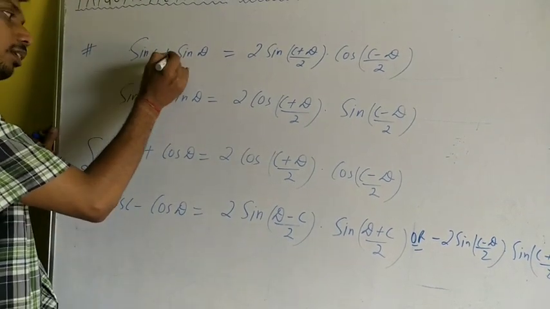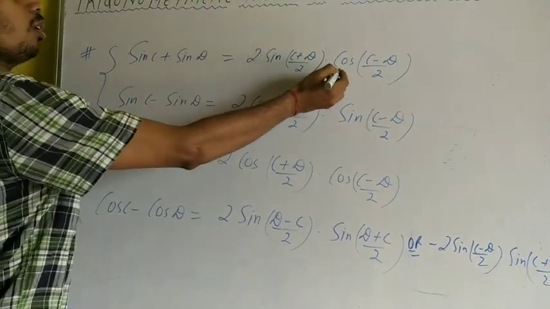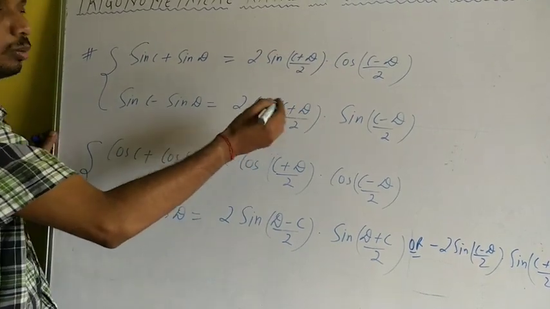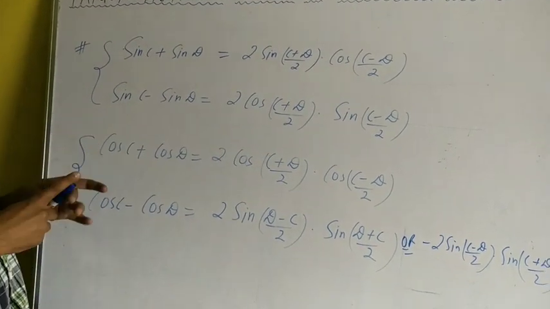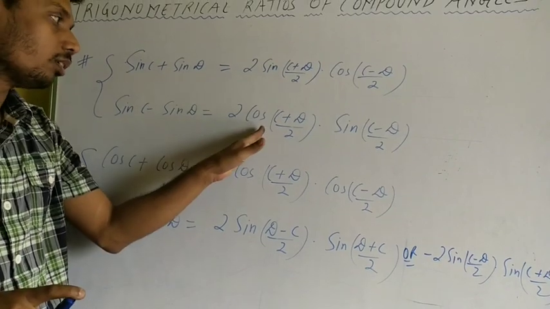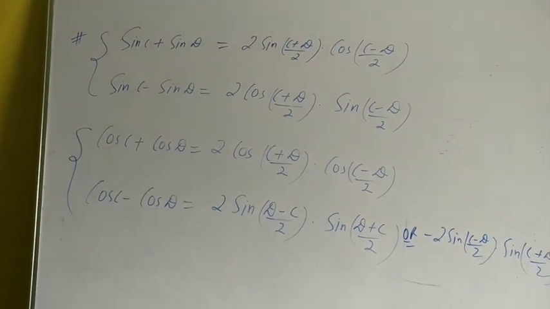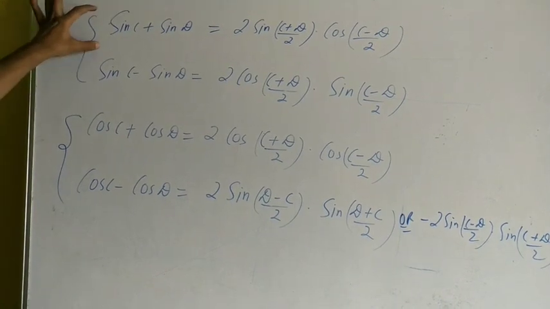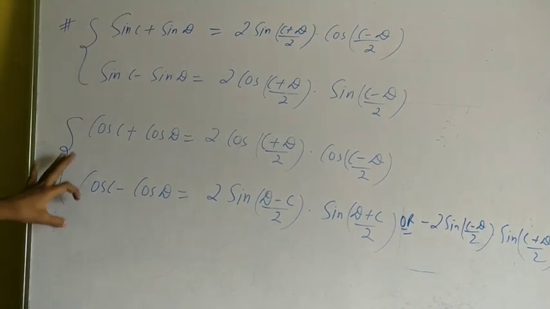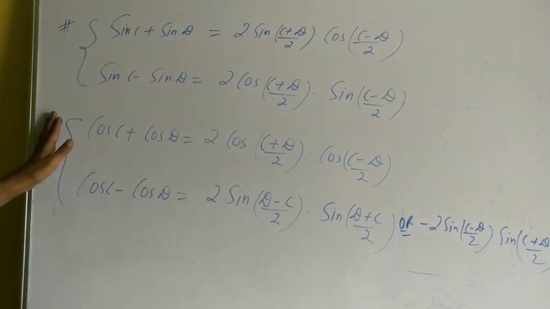But in the case of sin and cos, both sin and cos are there, here also sin is there, cos is also there. So you have to remember this. Now let us discuss the proof of one, and the rest three will be proved in a similar manner.